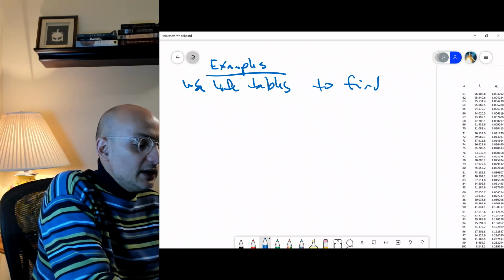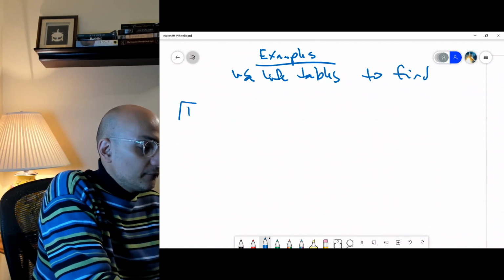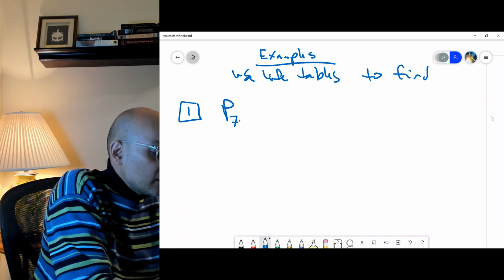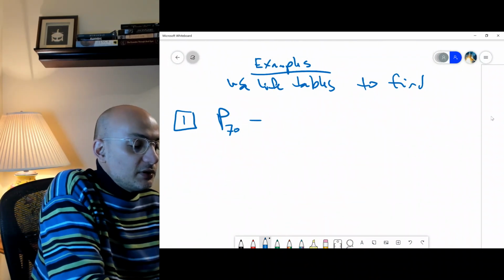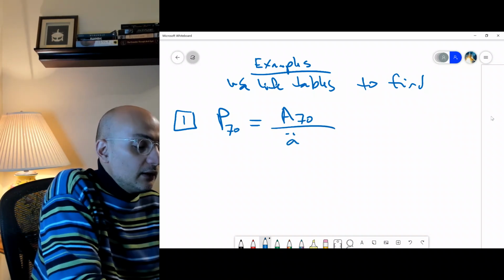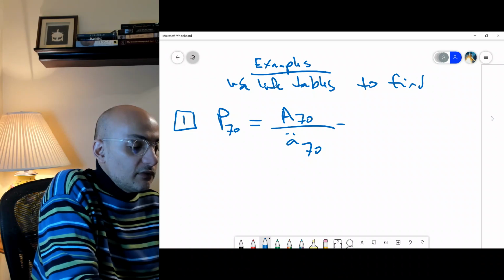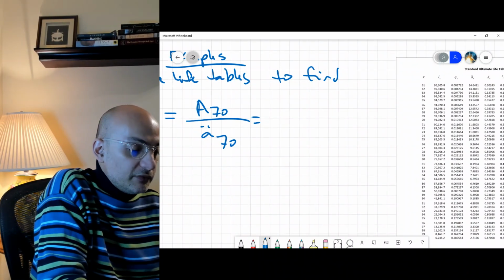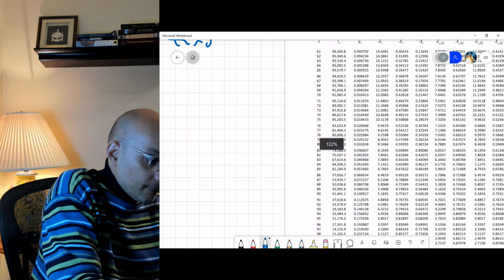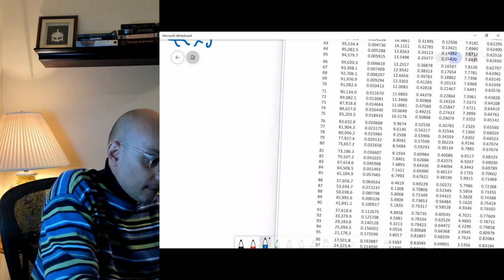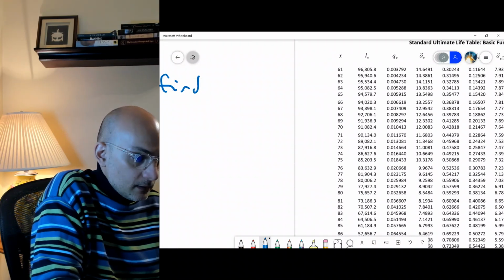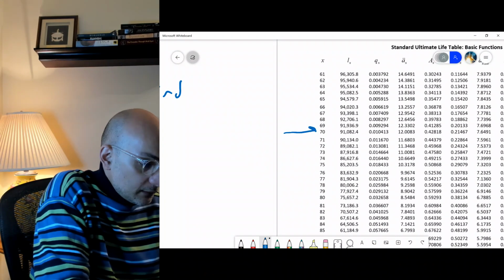So we're going to find so many questions. Now let's find one. Let's do the premium, written P capital letter subscript 70. We know that this is the premium for a life age 70. So we need A 70 divided by A double-dot 70. We read it carefully, and this is what we have. So we go to the life table. We are at 70 here.